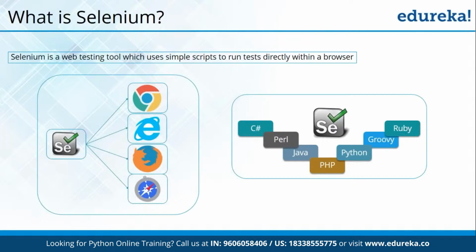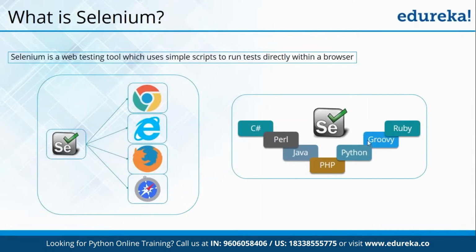And let me tell you guys, Selenium also provides a test domain specific language, Selenese, to write tests in a number of popular languages. For example, you have Perl, Java, PHP, Python, Groovy. So you can write tests in any of these programming languages. Now these tests can be run against most of the modern web browsers. So you can run those tests on Google Chrome, Internet Explorer, Mozilla Firefox, or you can even run it on Safari. So this is what exactly Selenium is.